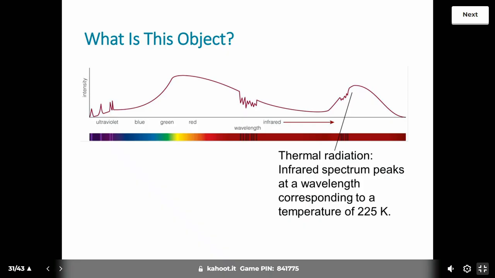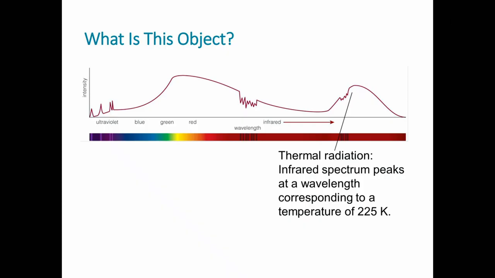Then its actual black body curve is the curve to the right. And so by figuring out where that peak in its black body spectrum is, we can calculate its temperature using Wien's law, and it turns out that this is about 225 Kelvin. So room temperature in Kelvin, this is much lower than room temperature, basically.